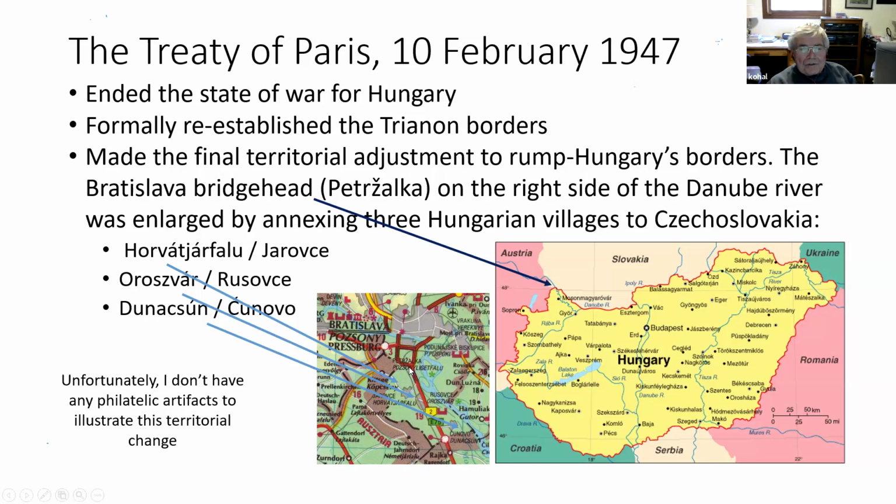Earlier, in Trianon, the village of Pozsony Petržalka, opposite Bratislava, was given to Czechoslovakia. Prior to that, the Czechs did not extend to the right bank of the Danube. So that was just enlarging the Bratislava bridgehead.